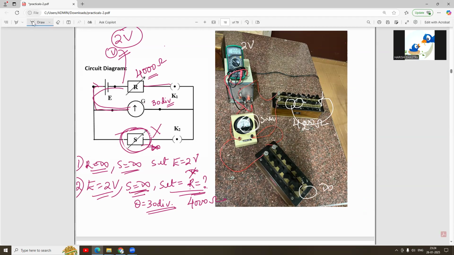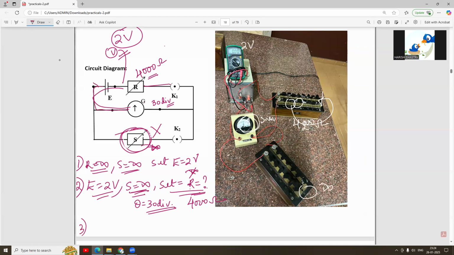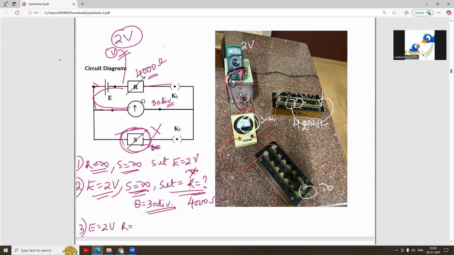For the third step, you have to introduce S now. We have E equal to 2 volt, R equal to 4,200 or 4,000 ohm, and the galvanometer is showing 30 division deflection. In all the previous cases, the galvanometer was showing 0 deflection. Now it is showing 30 division deflection.